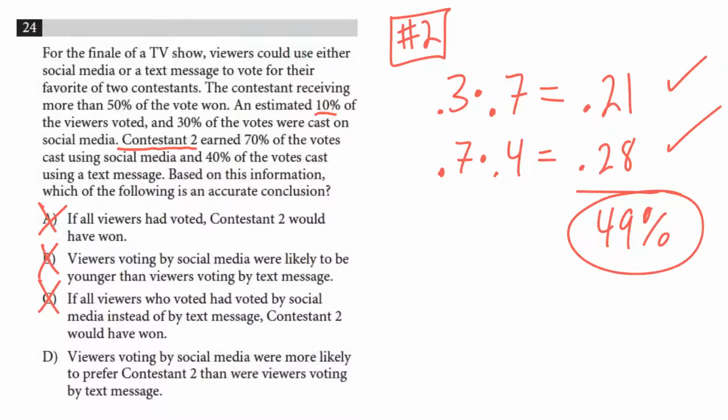So C is not the answer. And D, viewers voting by social media were more likely to prefer contestant 2 than were viewers voting by text message. Yeah, it said that they got 70% of the vote on social media, but only 40% of the vote on text message. So D is our answer.